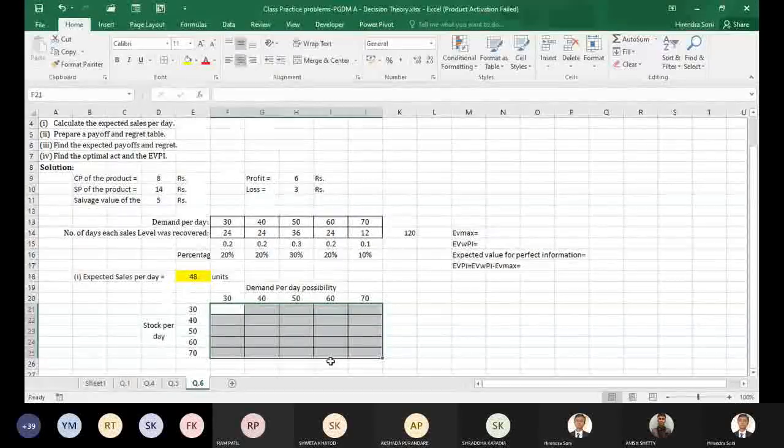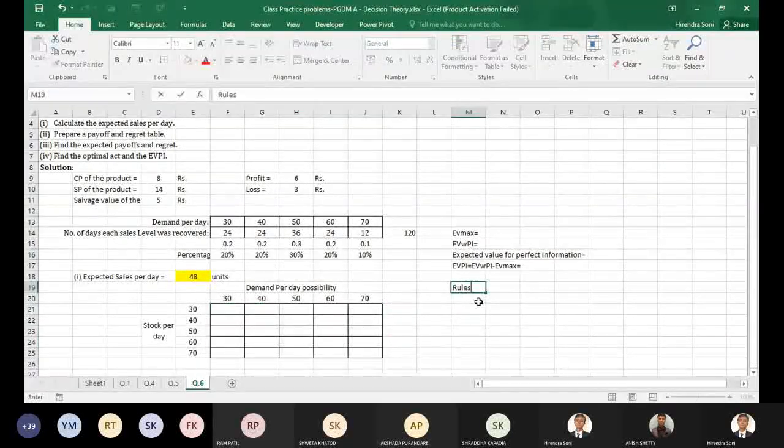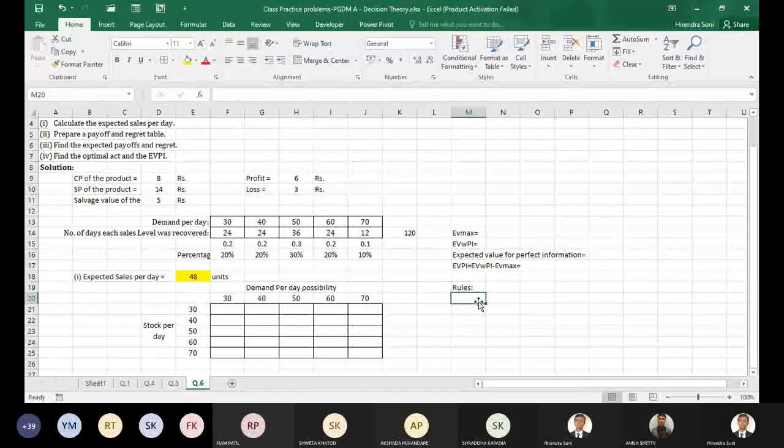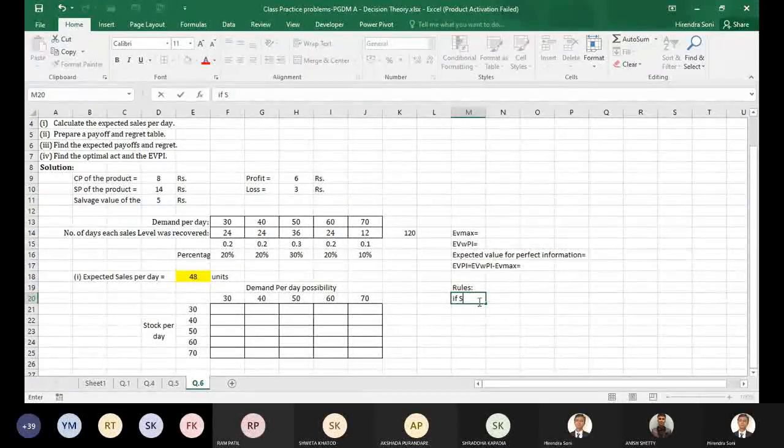Easy है ये सब? Yes, sir. अभी आप देखिए यहाँ पर आपके रूल्स क्या आ जाएंगे? एक आएगा if stock is less than the demand. ठीक है? If stock is equal to demand and if stock is greater than the demand.